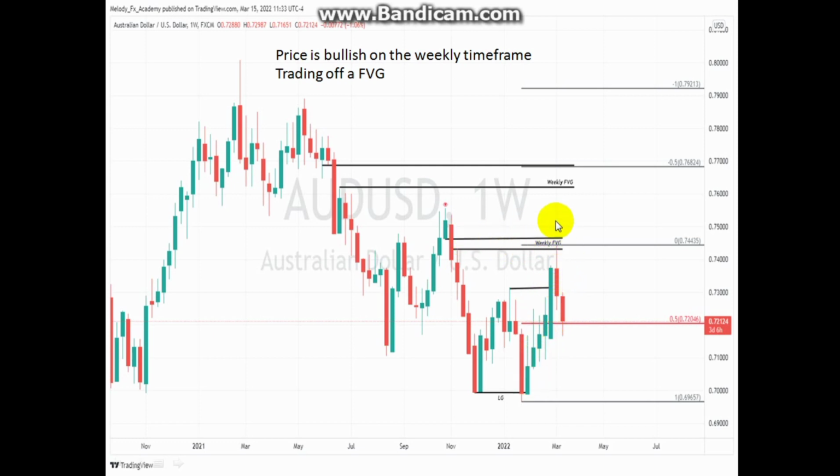Price is still very much bullish. Where we are currently, we have traded below the 50% level, which is into a discount market environment.